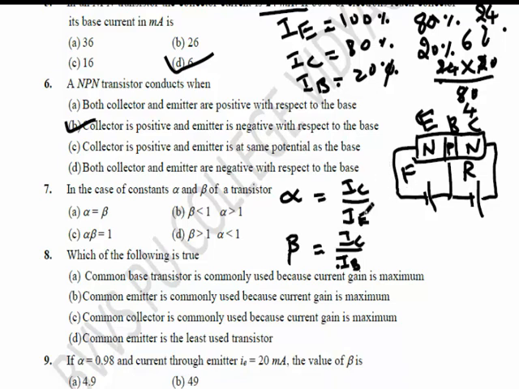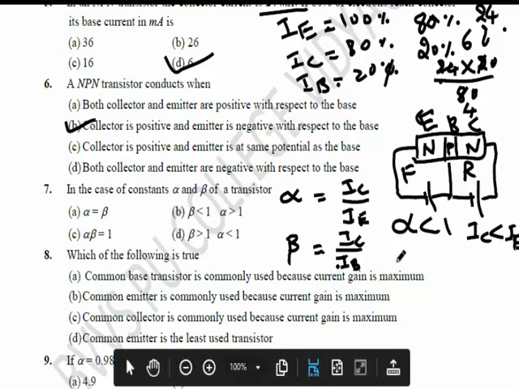We know that IE is more than IC. Alpha is less than 1 because IC is less than IE.